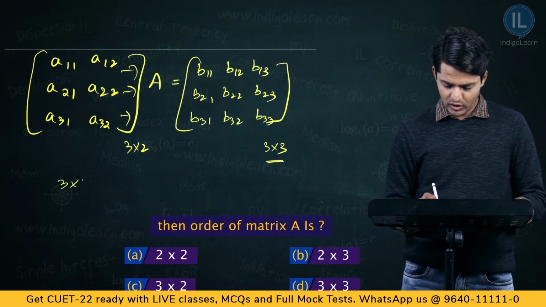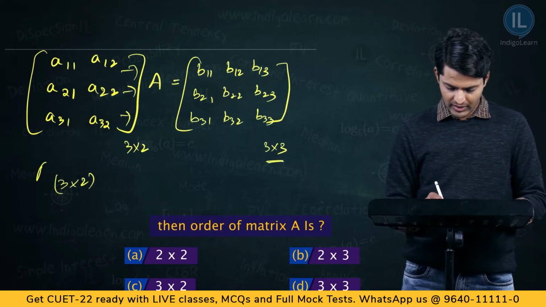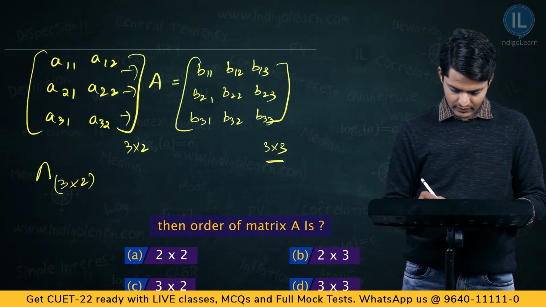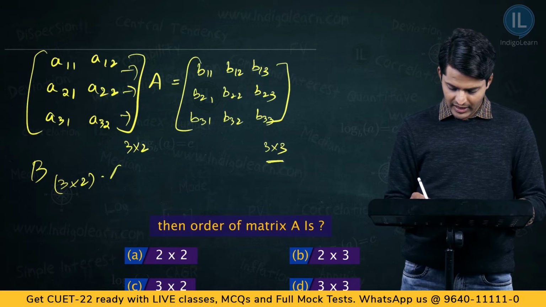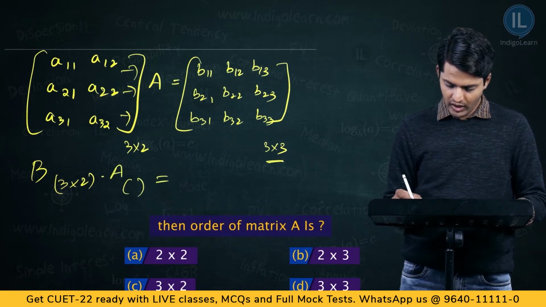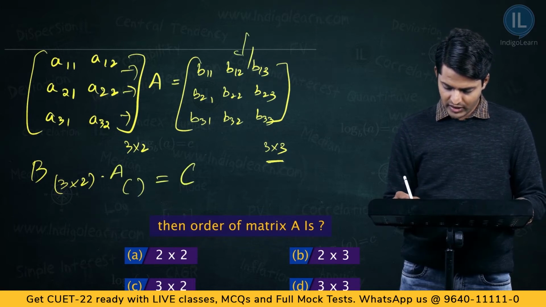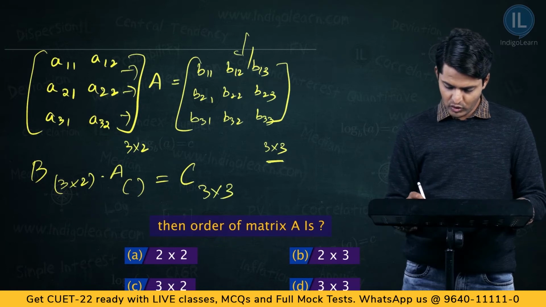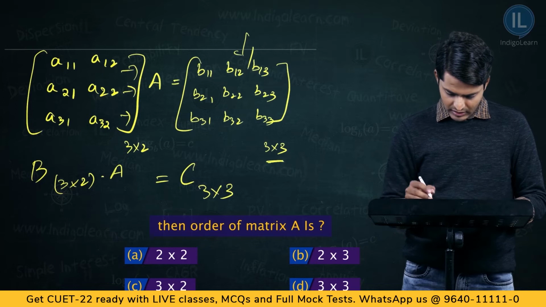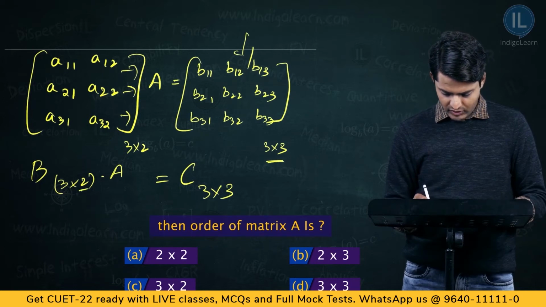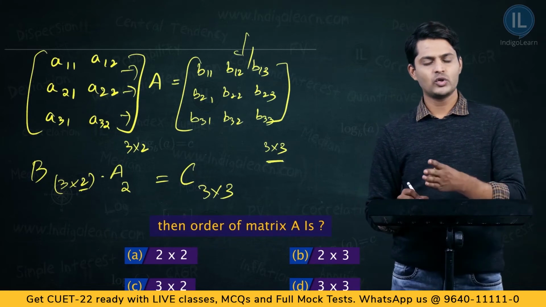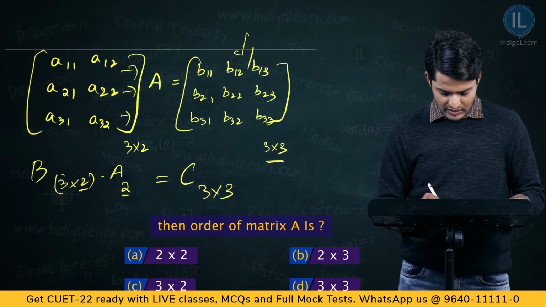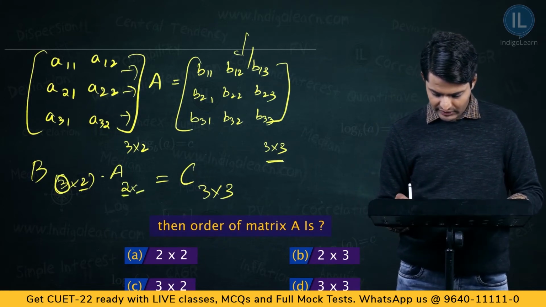So, a 3 rows and 2 columns order matrix, you are multiplying with a matrix A of order I do not know, and you are getting a matrix of order 3 by 3. That means you know that this is possible only when the columns of the first matrix are equal to the rows of the second matrix, and whatever is here will give you the order.